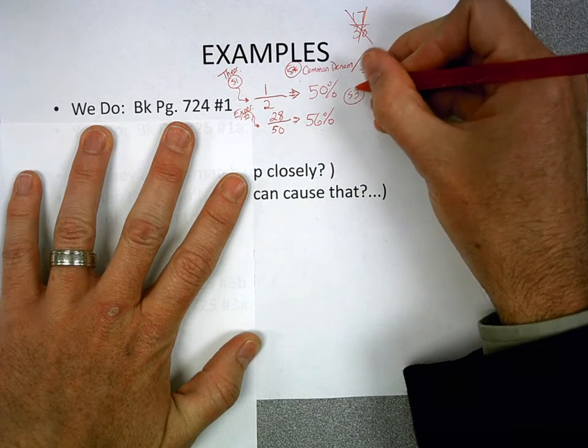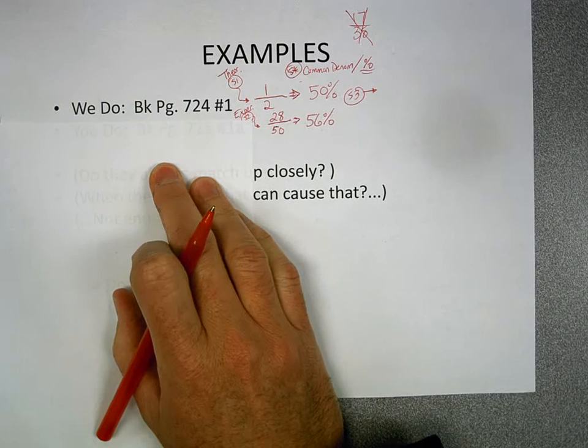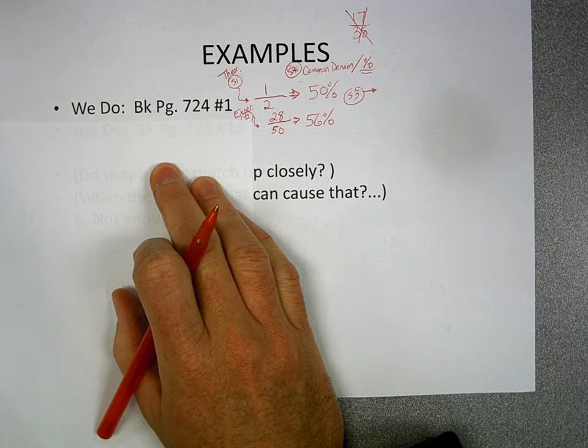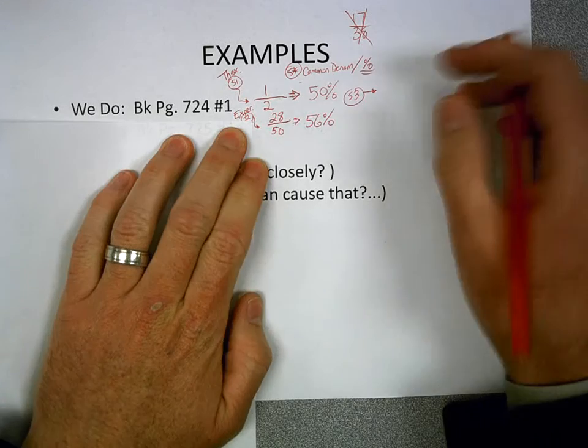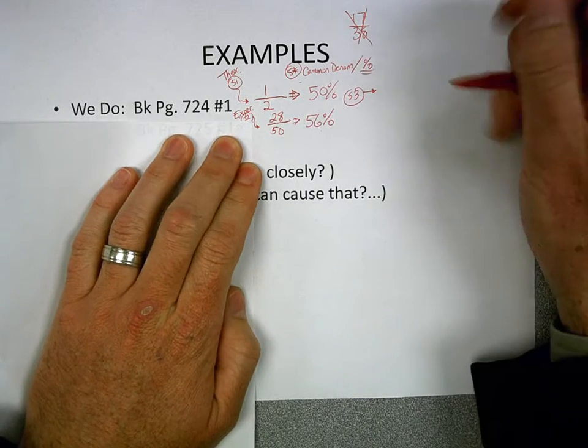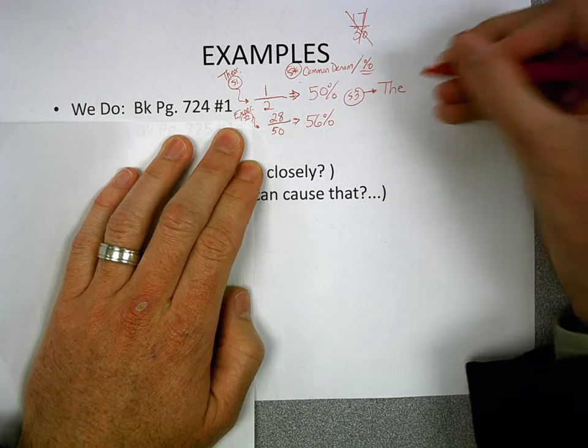Step 3. If you reread the problem, it says compare the experimental and theoretical probabilities. So, if we do that, you're just writing a sentence.